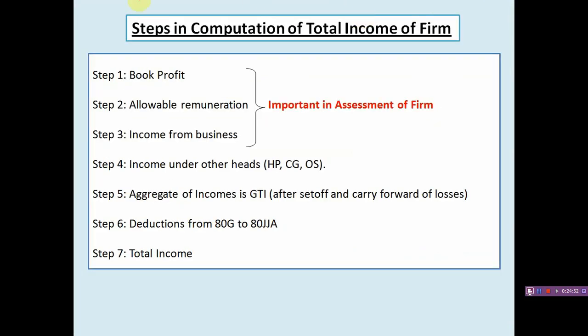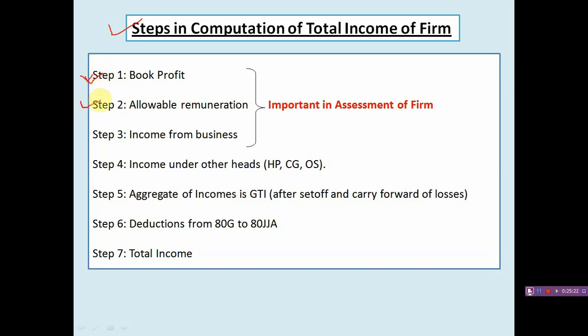The next important concept is the steps in computation of total income of the firm. As we discussed, first we have to compute the book profit from the profit and loss account and other information that may be given in the examination.